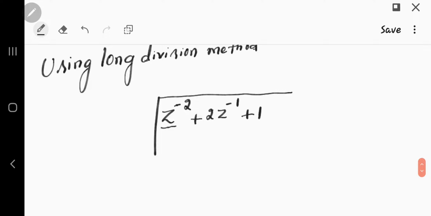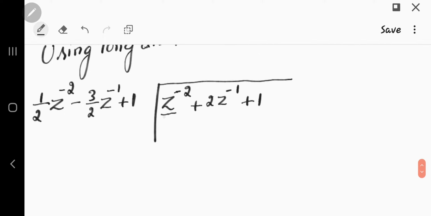So the divisor should also be written in the same way, highest power to lowest power. So 1 by 2 z to the power of minus 2 minus 3 by 2 z inverse plus 1 here. So the main intention is to eliminate the first term in the long division method.